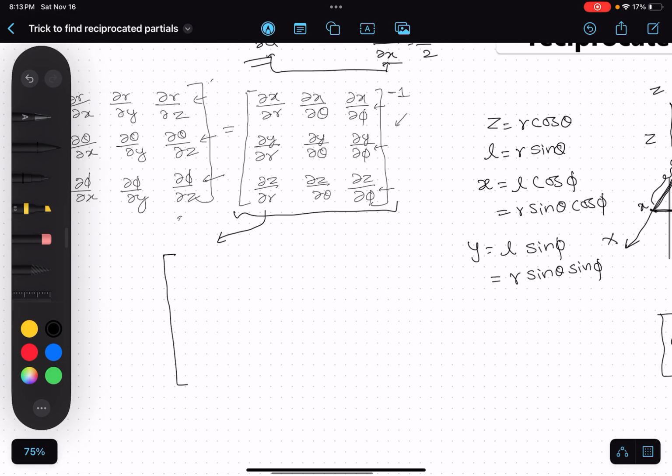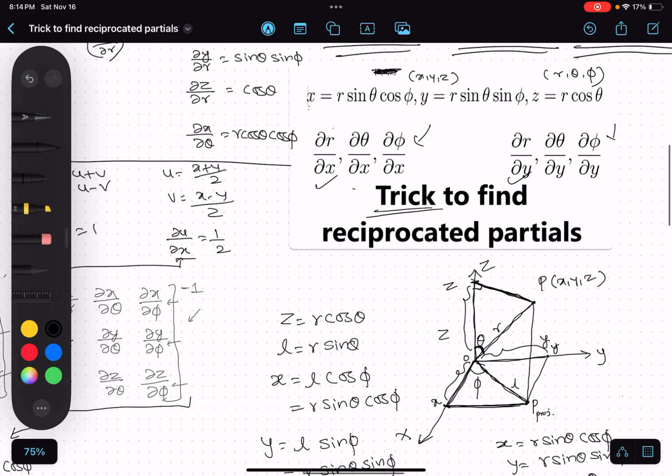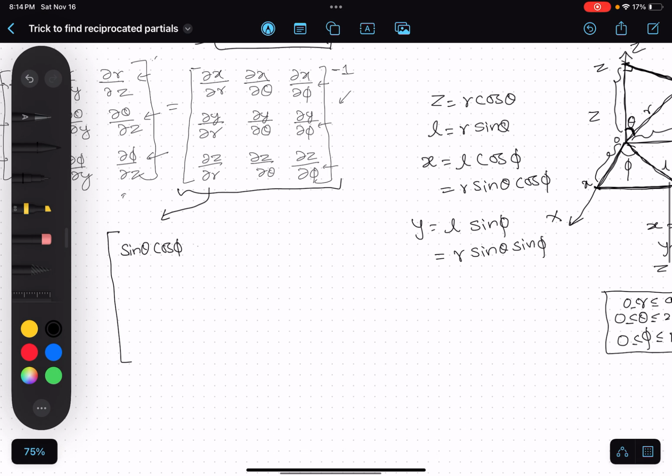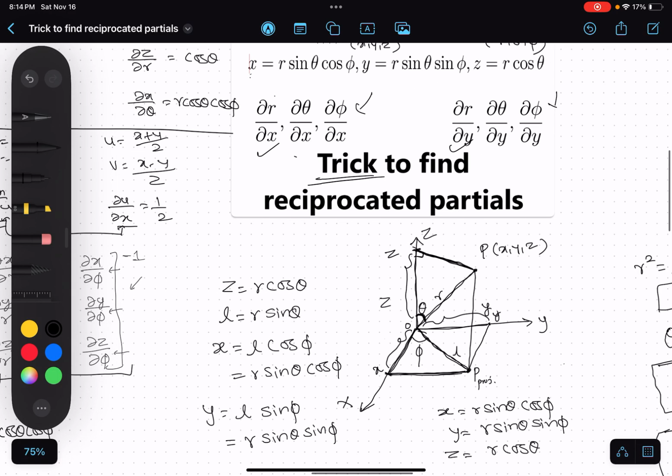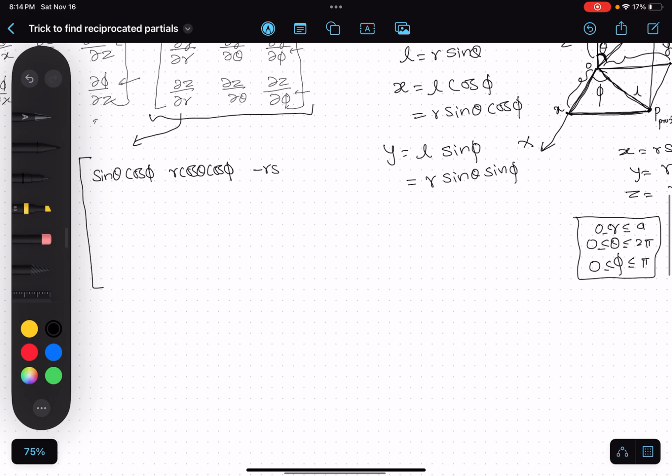Just sine theta cos phi. What is partial x by partial theta? That's just r cos theta cos phi. What is partial x by partial phi? Minus r sin theta sin phi.